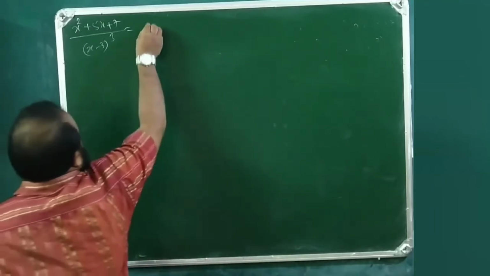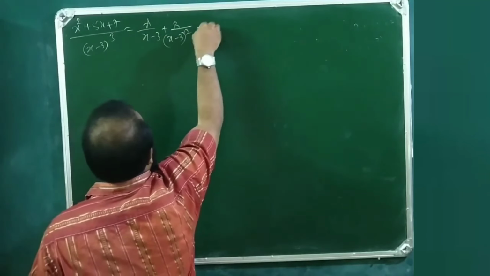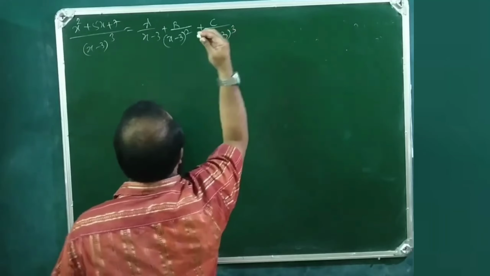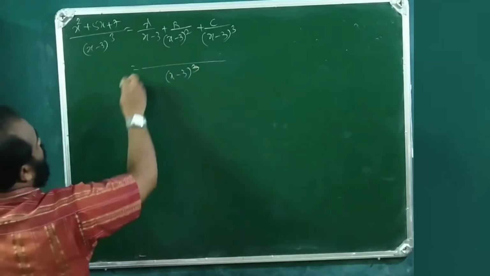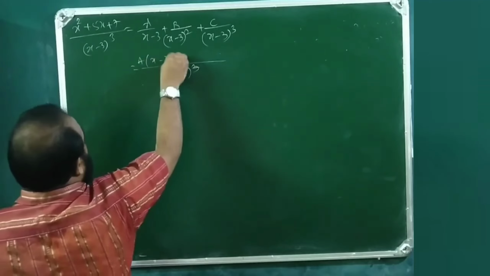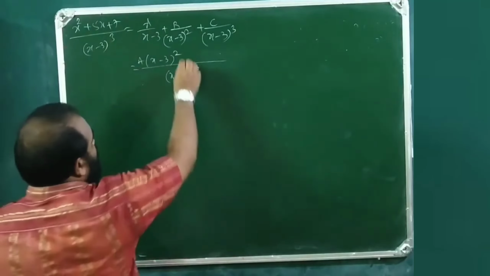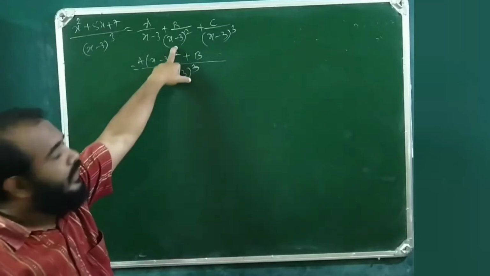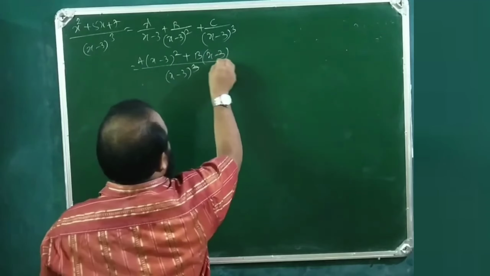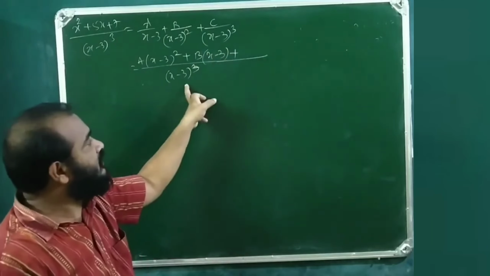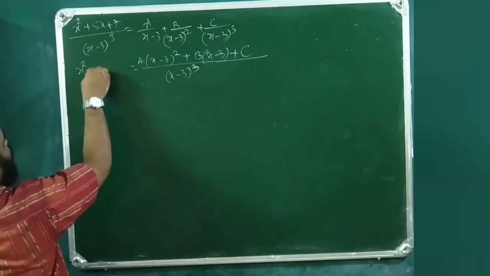So here this is a by x minus 3 plus b by (x minus 3) whole square plus c by (x minus 3) whole cube. So the LCM is (x minus 3) whole cube. So this is a into (x minus 3) whole square, plus b into (x minus 3), plus c, is equal to x square plus 5x plus 7.